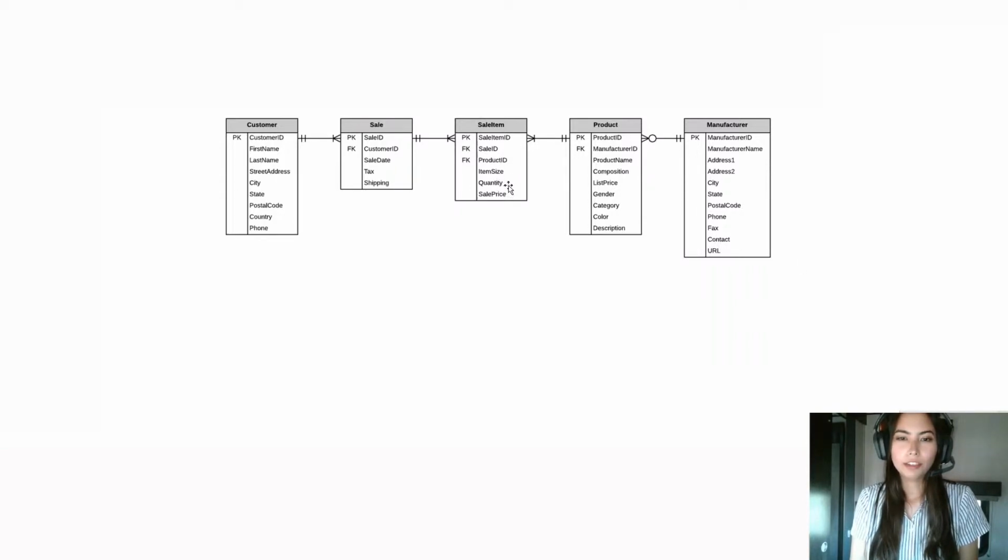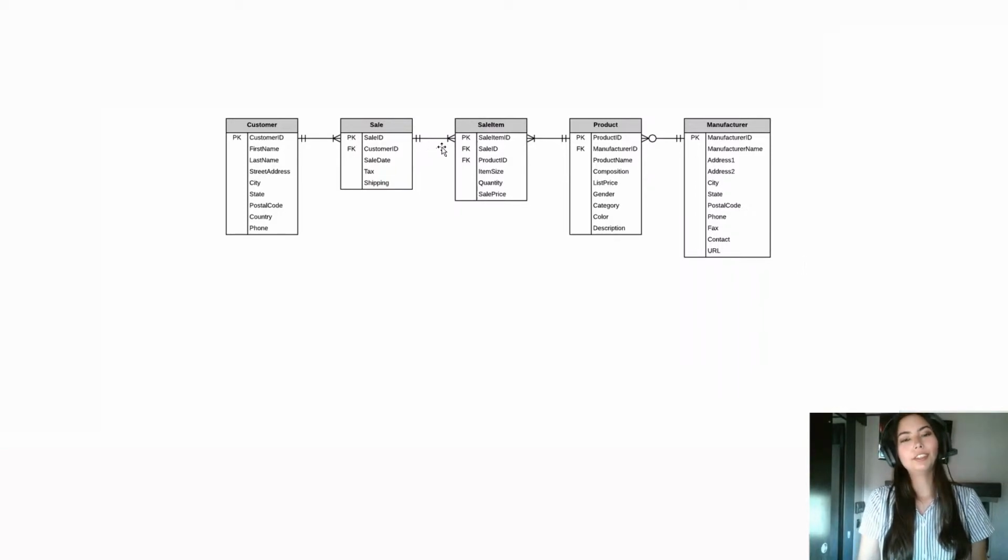I think we have a good understanding of keys and the attributes within our entities and why our keys are there. Now let's go ahead and look a little bit more into this relationship. So a relationship is the line connecting both entities or both tables to each other. You can read a relationship.